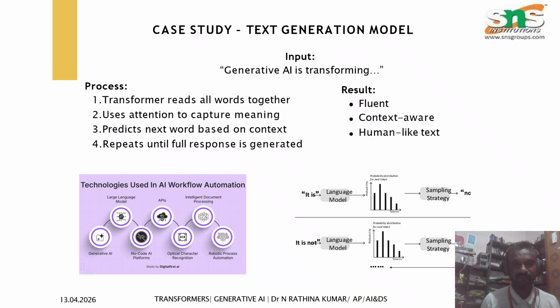Case study. On the left side, I'm going to list out the process. The transformer reads all words together, uses attention to capture meaning, predicts the next word based on the context, and repeats until the full response is generated. So the result is fluent, context-aware, human-like text. It should be readable.